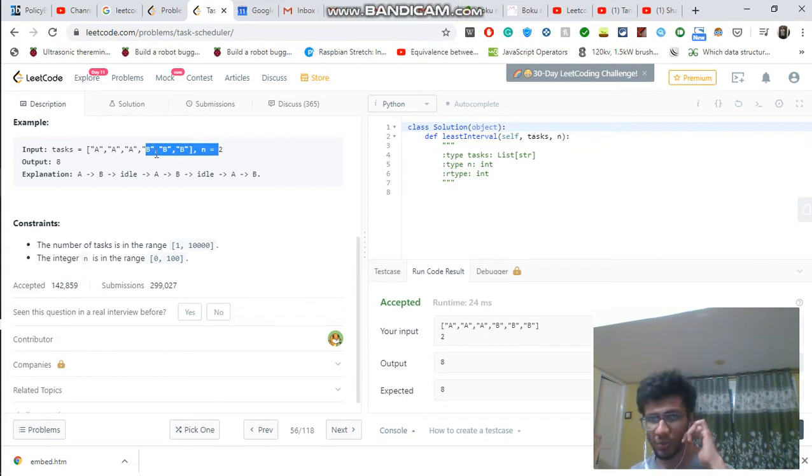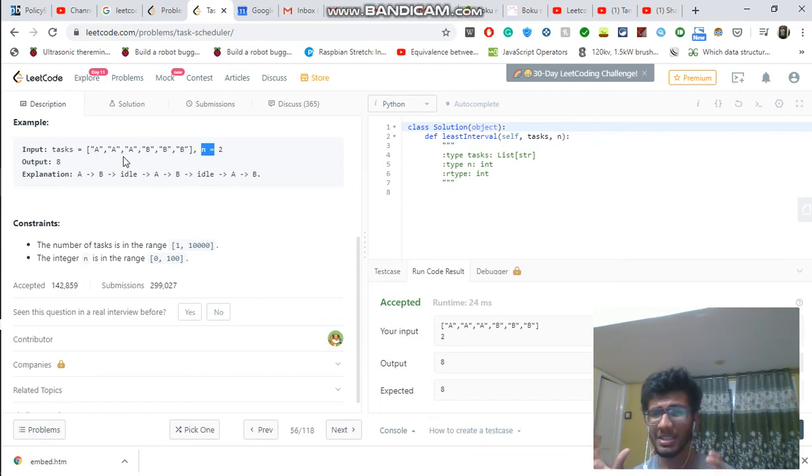Now there is one thing for which we have been provided N. That is, when we want to schedule two same tasks, there must be at least N schedules between them. It does not matter whether the CPU is performing any schedule during that time or it is in the idle state.